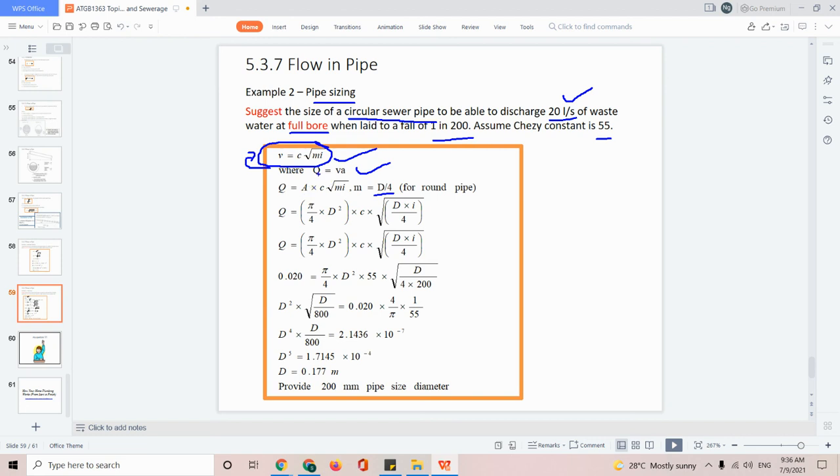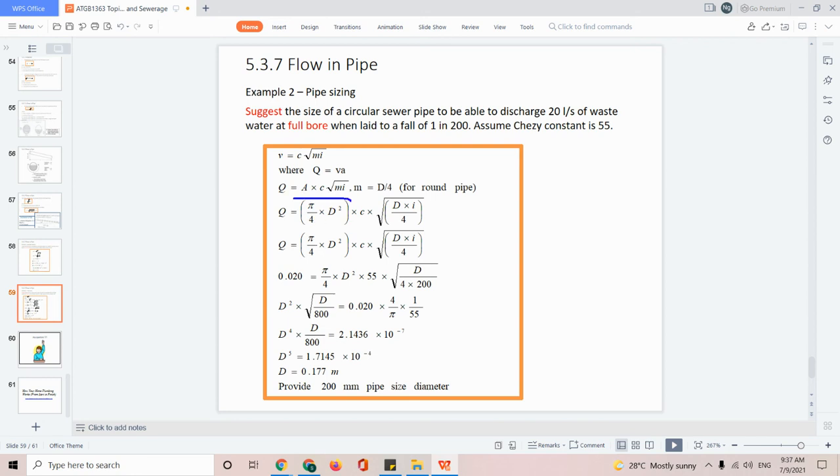Once we substitute, Q equals VA, we end up with Q equals A multiplied by our Chezy formula here. We can further solve this equation with M equals D over 4. Then we will end up with something like this, and we also expand our A. We expand our area, and we get pi over 4 multiplied by D square.